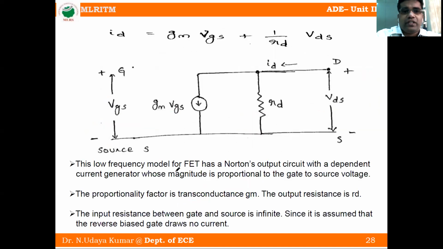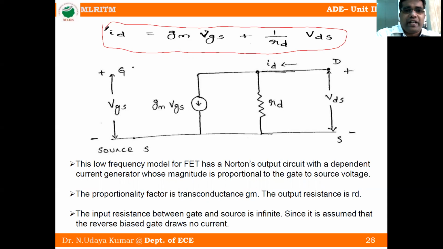So already we know this equation, the small signal analysis equation: drain current is equal to GM VGS plus 1 by RD into VDS. This equation can be written in a circuit form like this. The same equation can be written as a small signal circuit, small signal analysis.